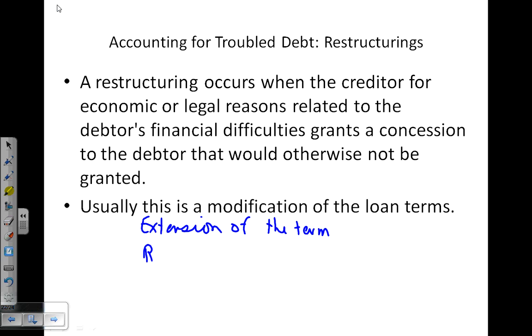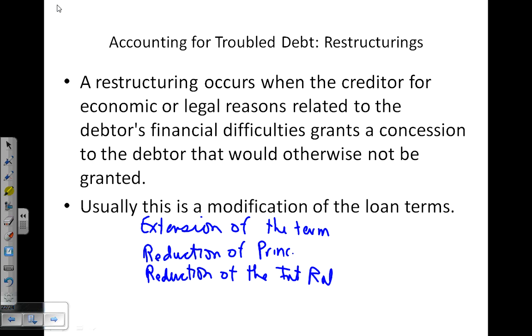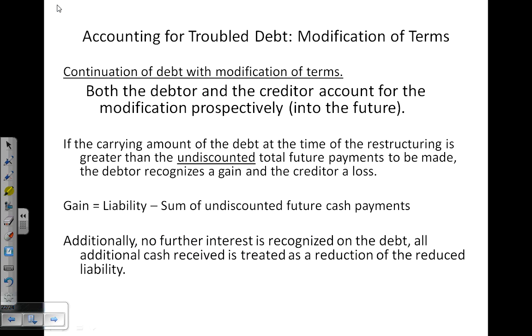It may be a reduction of principal. It may be a reduction of the interest rate. And remember, for these modifications, we have to be really careful about how we calculate the debtor's position versus the creditor's position.